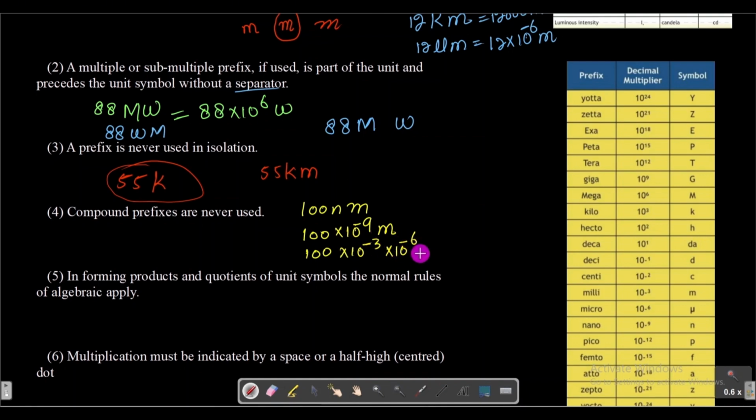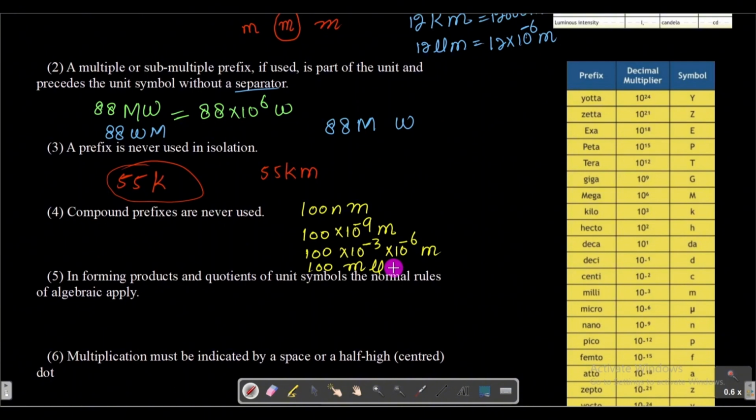So 10 power minus 3 multiplied by 10 power minus 6 is equal to 10 power minus 9, and here this is meter. And from this table, 10 power minus 3 is equal to milli, so I'm going to put that milli, and for 10 power minus 6, I'm going to put the micro symbol.